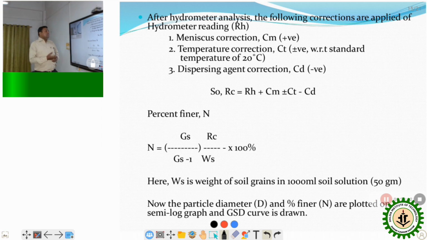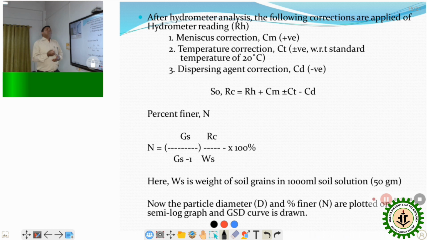The dispersing agent correction is to be applied because, as I have told earlier, during hydrometer analysis we have to add a dispersing agent, namely sodium hexametaphosphate. What is the function of this dispersing agent? It will disperse the particles.